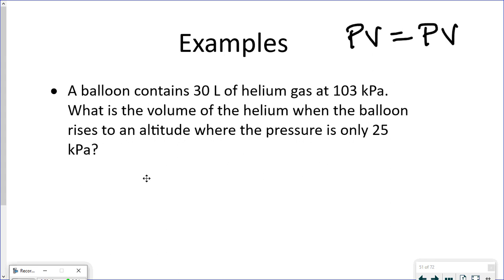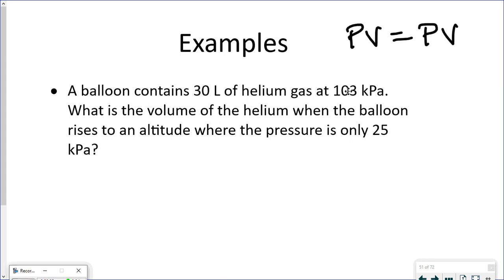So always look at different measurements that are paired together. So we have a balloon that's 30 liters at 103 kPa, so those need to go on the same side together. So our initial pressure is 103 kPa. Our volume is 30 liters.